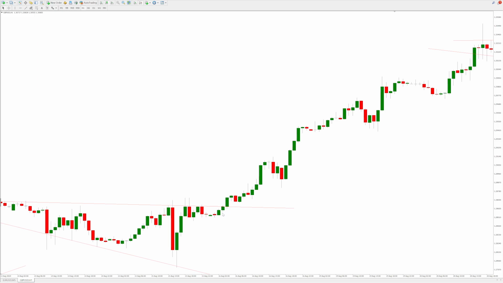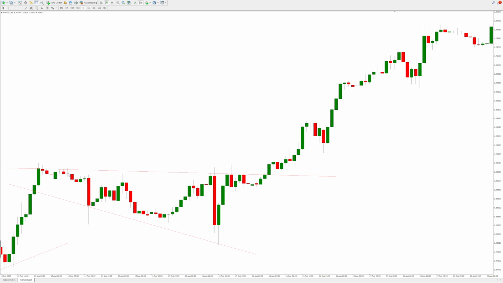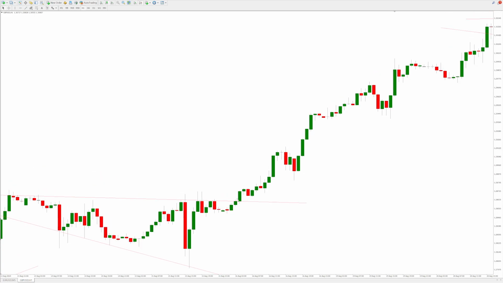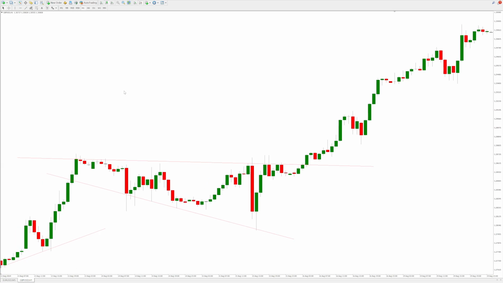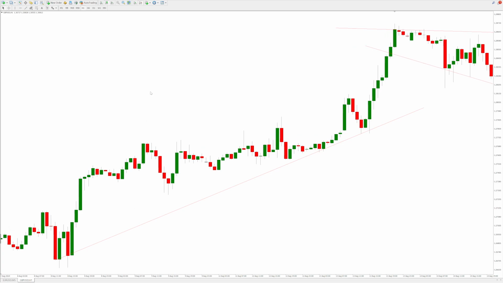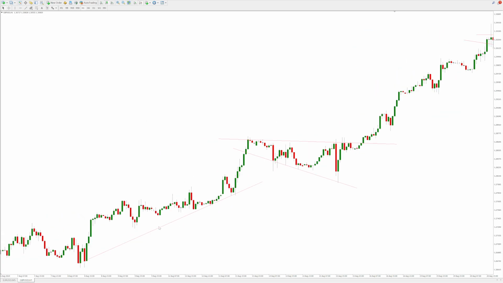Have an inside bar. Yeah, and most importantly, the resistance level here being breached is the main confirmation that we're looking for to take this trade and get in on this uptrend. You see it started around here.